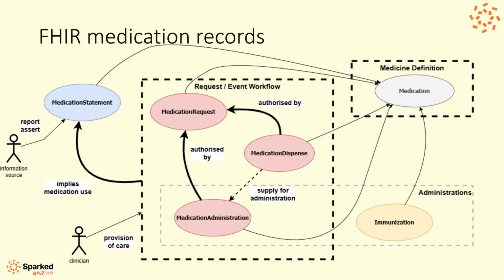So medication is a way to do that. That's not strictly necessary. If you have particularly coded medications, you can just use a code to describe what is being administered or dispensed or requested. But that is an option to use a full medication resource.